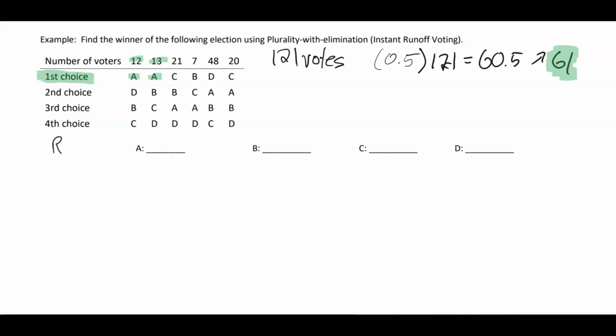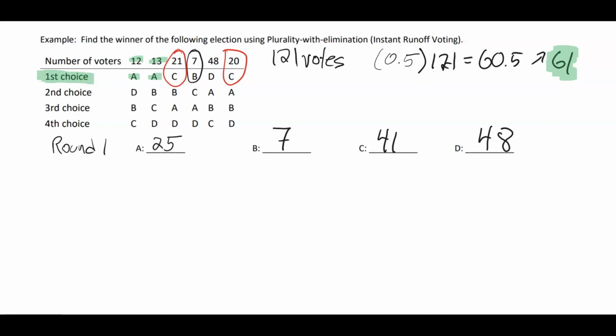I'm going to write this as round 1, our initial accounting of how many first place votes each person has. B has 7 first place votes. C has a combined 41 first place votes, and D has 48 first place votes.